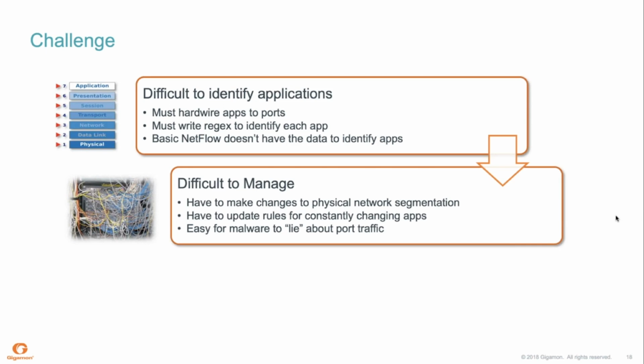Now, all of this leads to a management nightmare sometimes, because applications get rolled out all the time. We tend to move servers around. We tend to change the network around. So keeping track of applications at a physical level is very, very difficult.